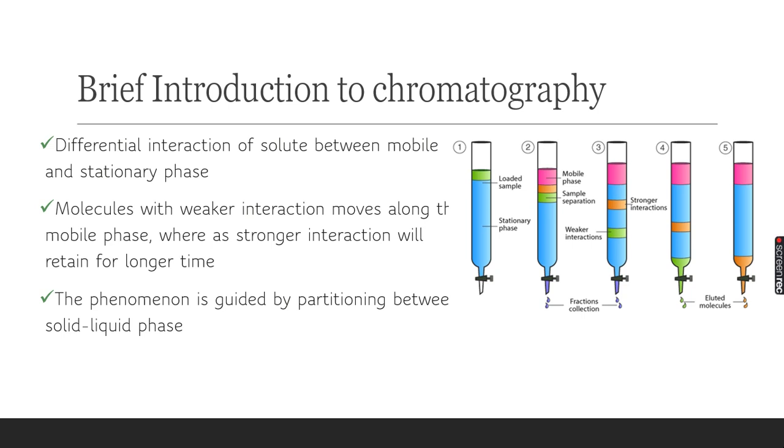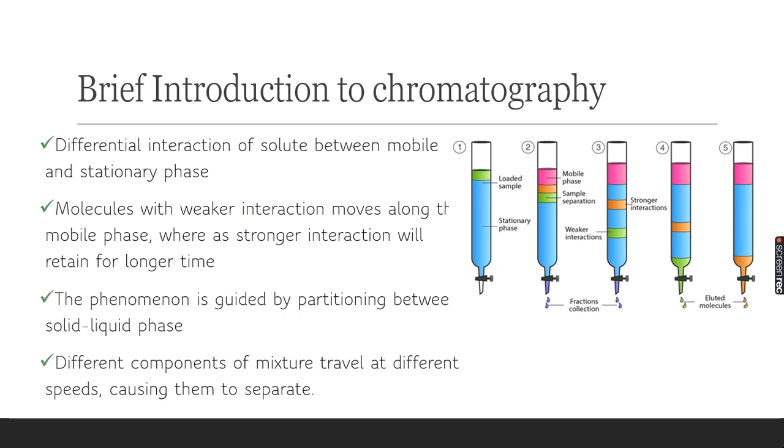Keep that difference in mind. Different components of the mixture travel at different speeds, causing them to separate. We use the word speed because different concentrations, the different plumes of your compound, will come into segregated portions in the solvent. So depending on the flow rate, different fractions of your compound can come out in the chromatographic process.